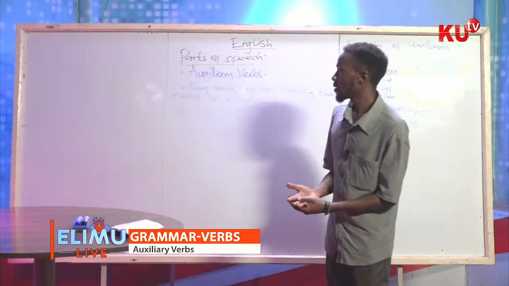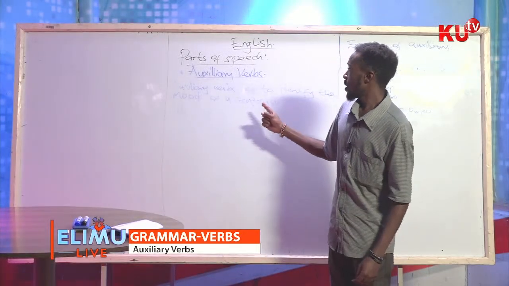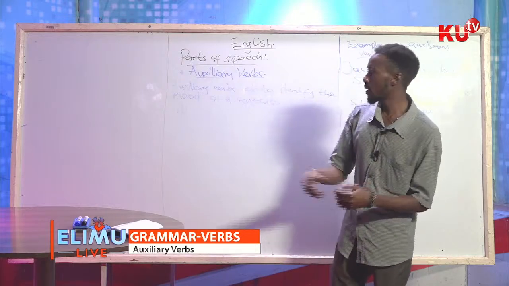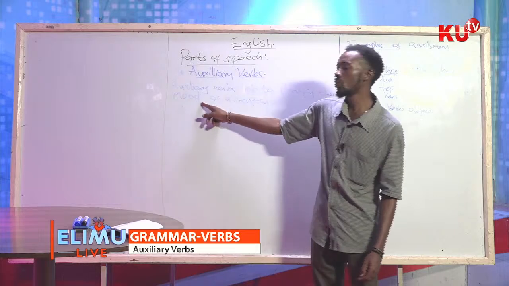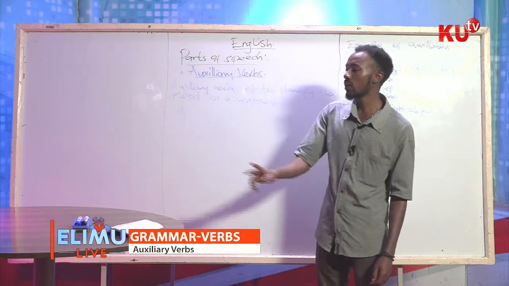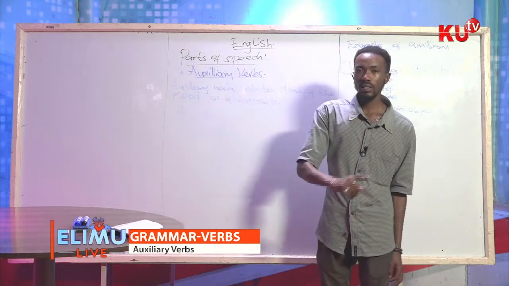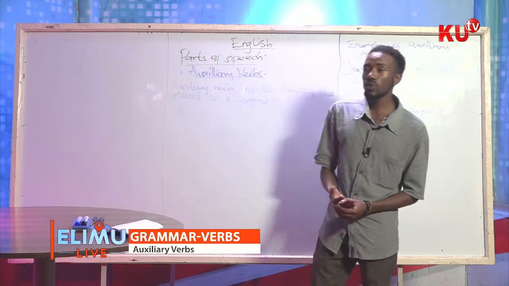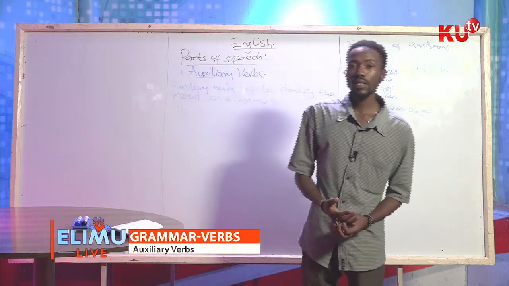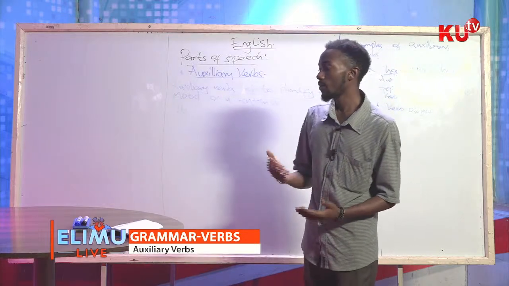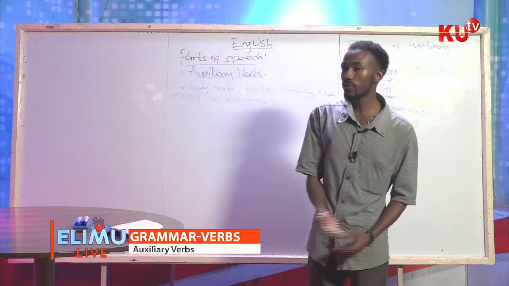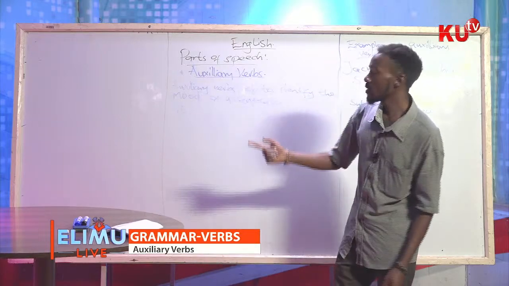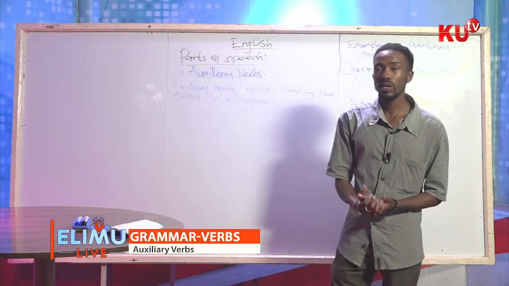When we talk about auxiliary verbs, they help in the identification of mood. We have talked about mood, tense, and voice. Auxiliary verbs help us identify the tenses used in a particular sentence.